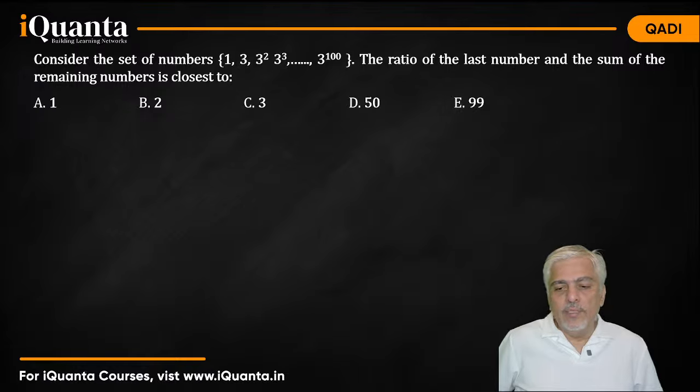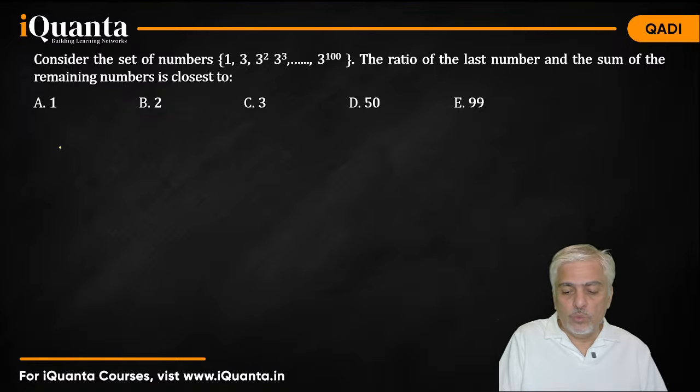Okay. Couple of approaches for this question. One is I would use a regular approach. 1, 3, 3. So ratio of the last number to the sum of the remaining numbers. Last number, we know, is 3 raised to 100. What is 1? What is 3 raised to 0 plus 3 raised to 1 plus 3 raised to 2 up till 3 raised to 99?